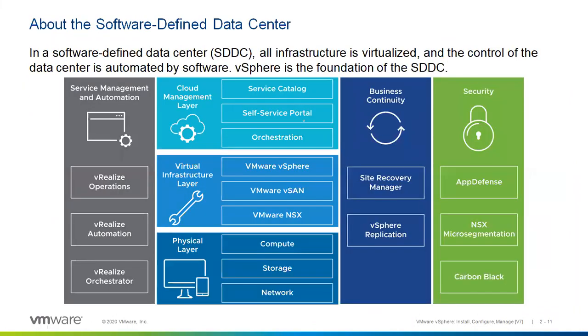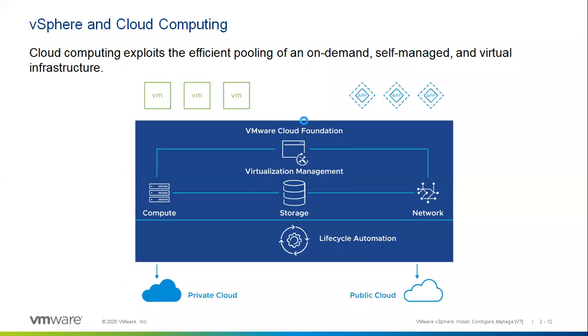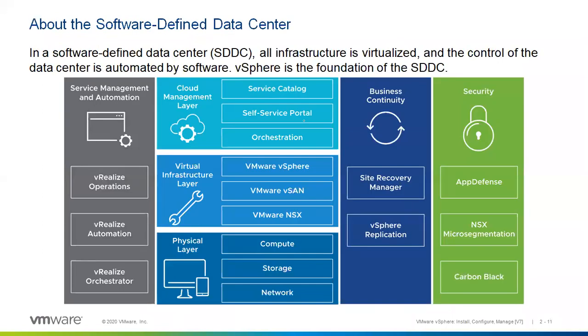So this is a big picture actually. Till now we were only discussing VMware vSphere. A traditional storage can be converted into VMware vSAN, and the network into NSX. These are my underlying hardware.